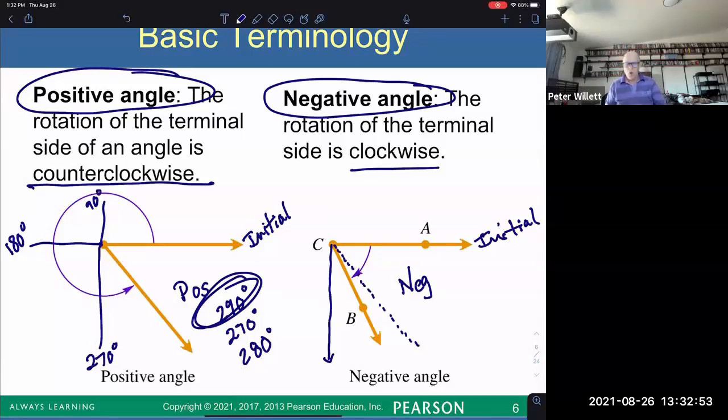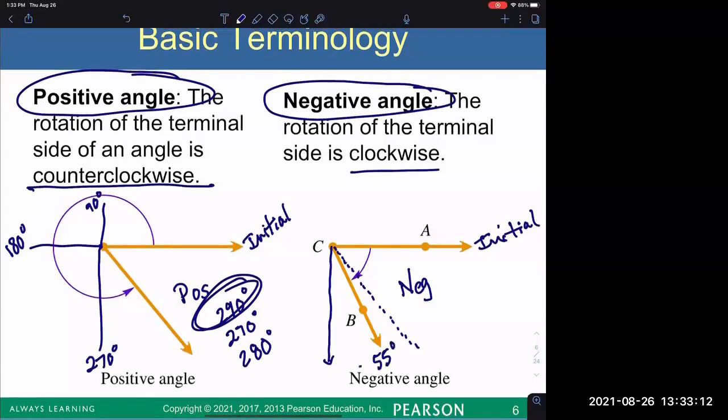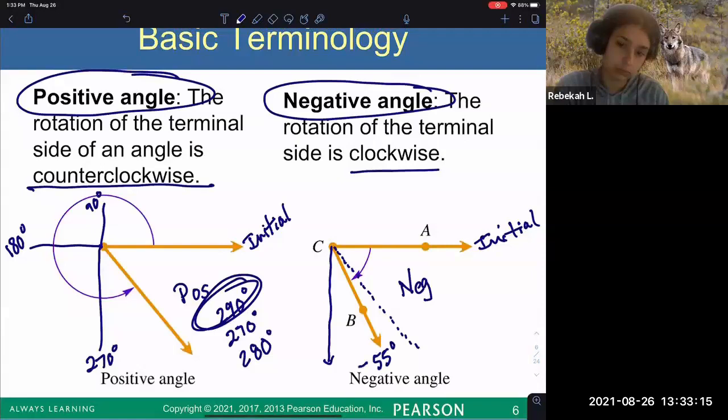Because the ray going down and to the right would be where the negative 90 is, halfway between those would be 45. I'm thinking 45 is pretty close, but it's clearly more than 45. So I'd be guessing more like 55. What do you guys think? Sounds about right. I need to put a minus on that because it's 55 in the negative direction.